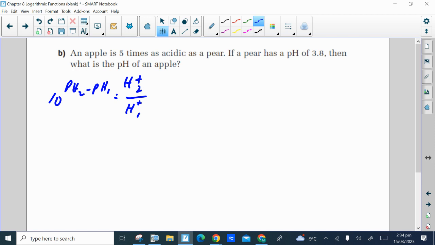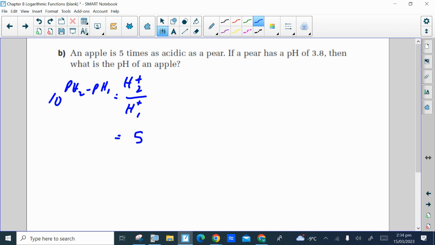So we are told that the apple is 5 times as acidic as the pear. It is more acidic. The ratio of H positive 2 over H positive 1 is what we solved for on the previous question, to get how many times more acidic the cola drink was compared to the milk.